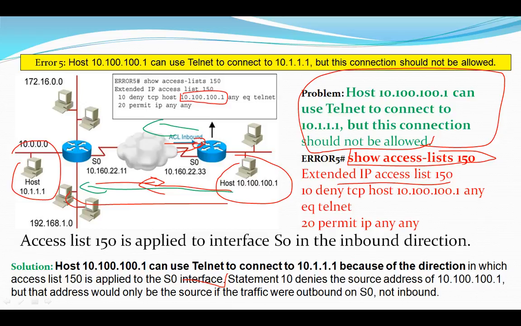Statement 10, the first statement, denies the source address 10.100.100.1, but that address would only be the source if the traffic were outbound on serial 0, not inbound. So guys, this is how we can identify this issue and troubleshoot it.